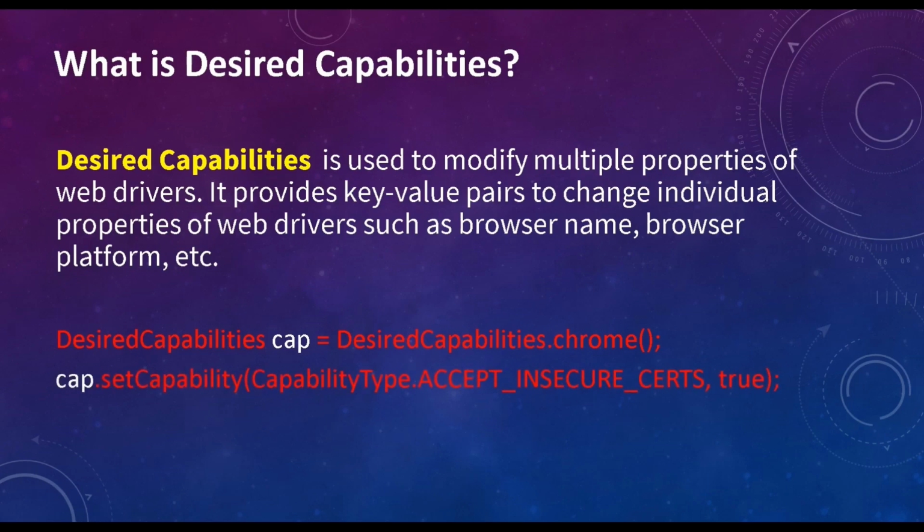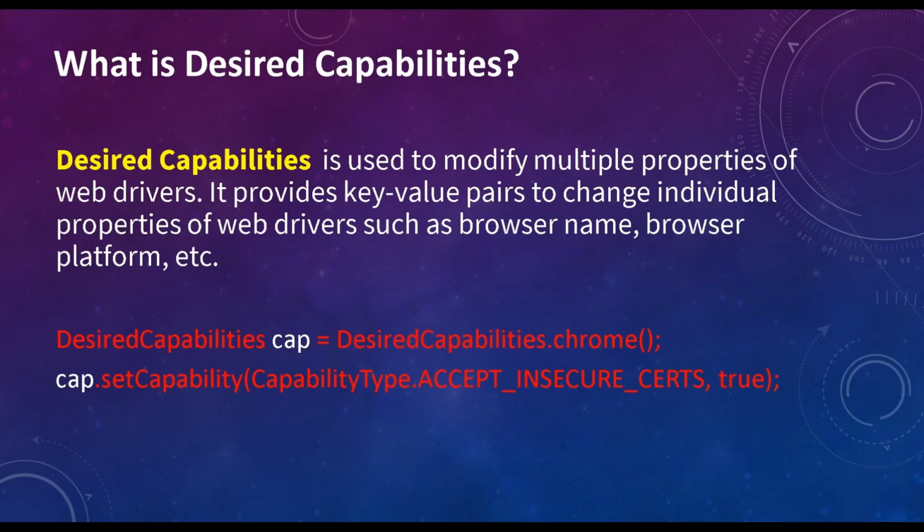Then we are going to set one capability. So this is one example. cap.setCapability, and inside that, what is the capability that we need to set? CapabilityType.ACCEPT_INSECURE_CERTS, and we are going to set it as true. Suppose you are going to open up a site, and if you are getting some security errors, we can override that using this particular command, CapabilityType.ACCEPT_INSECURE_CERTS.